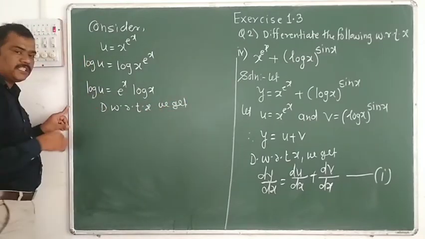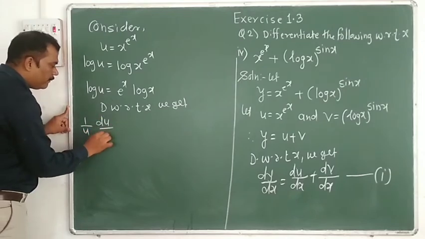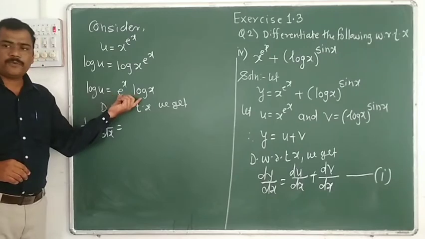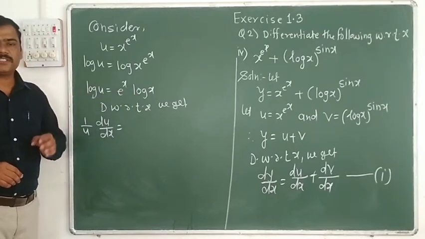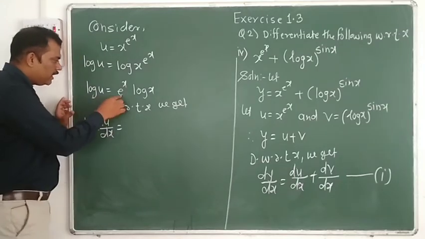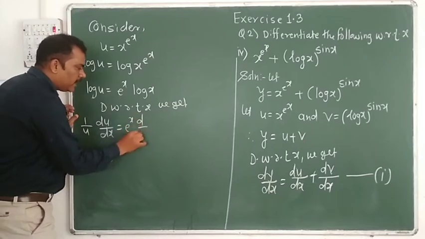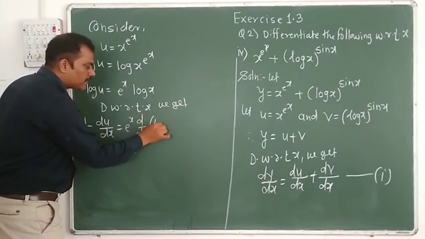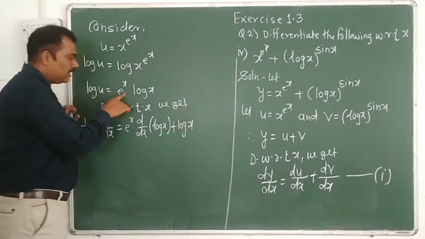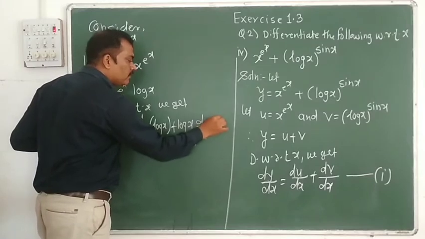The differentiation of log of u is 1 upon u into du by dx, which is equal to, here the product of two functions, the exponential function and the logarithmic function, so we use the product rule. Suppose e raised to x is the first function: keep it as it is, derivative of second, that is d by dx of log x, plus second function as it is, log x, into derivative of first function, that is d by dx of e raised to x.